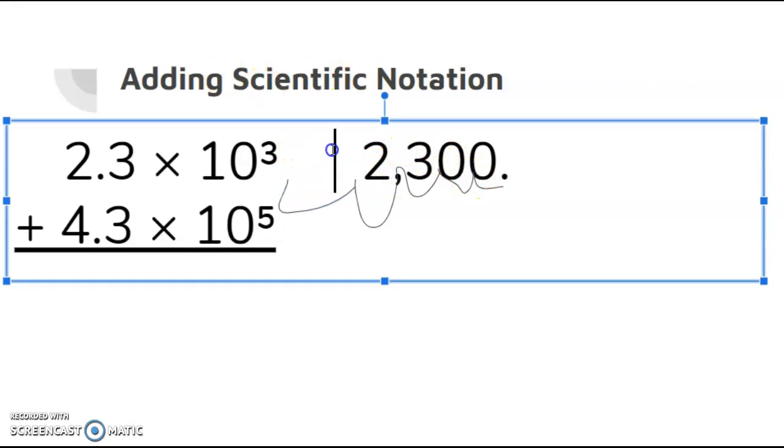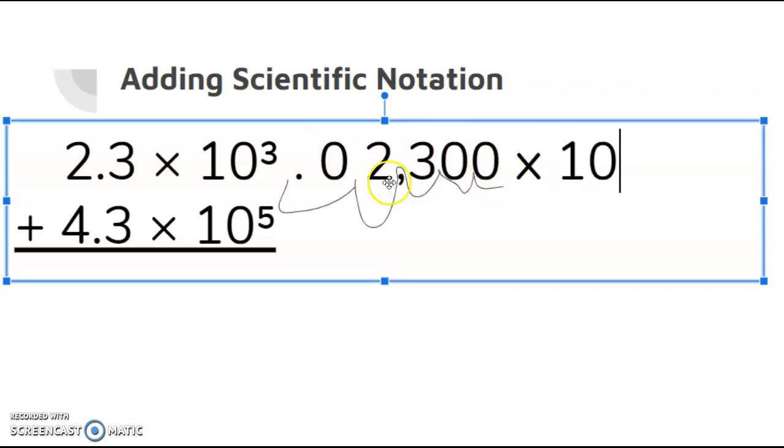So then now I'm going to add another 0 here, and my decimal is now in front of the number. So now my number is 0.02300 times 10 to the fifth power.